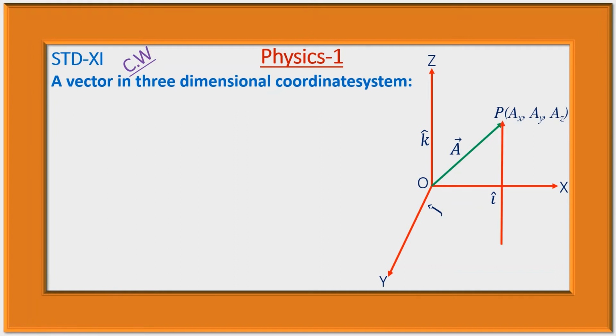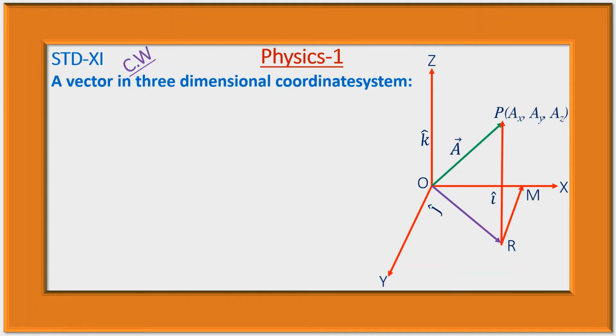Now we will draw a perpendicular from point P on the XY plane. That is, here PR is the perpendicular on the XY plane from point P. Now we will join point O and point R. Here we will draw another perpendicular from point R to the OX axis.